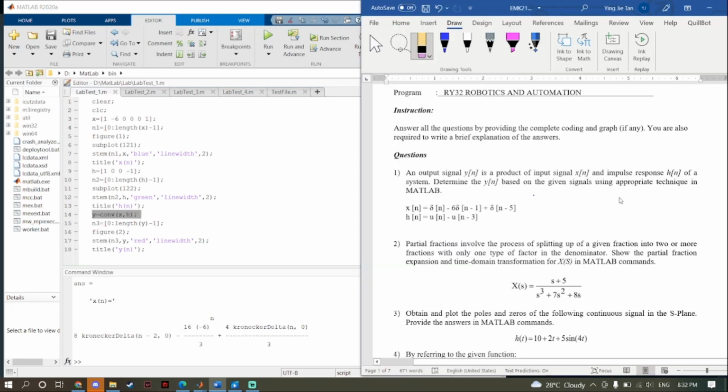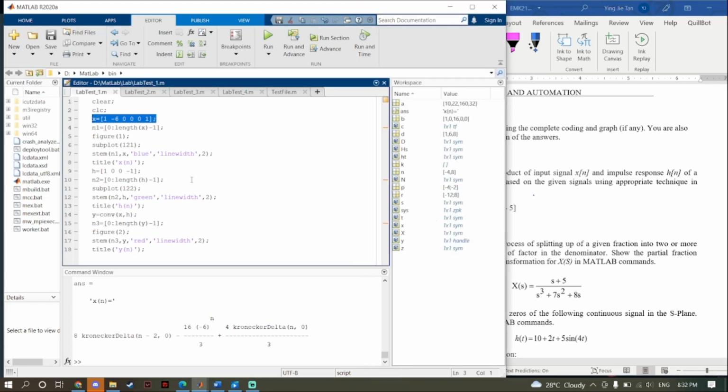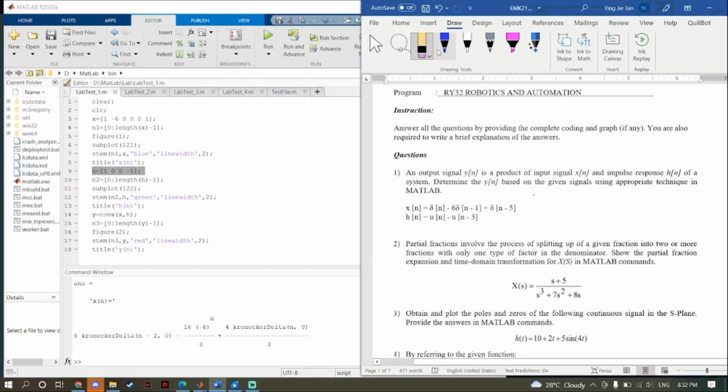Here the most important thing is we need to know how to determine x[n] and h[n], I mean the coding of x and h. For x, we are going to determine it like this. Firstly, we find the time frame from the end. For the first one, n equals 0, there's nothing beside n, so 0.